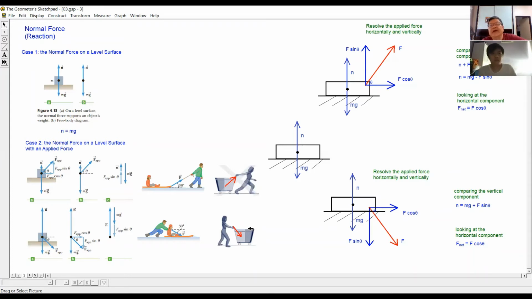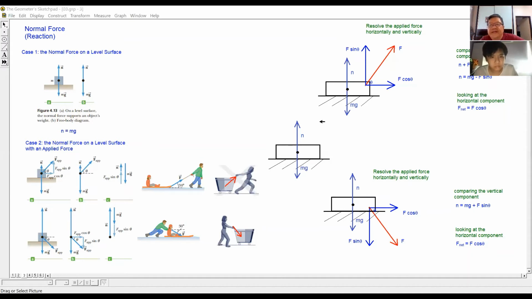It will be different. So how much difference? We are going to analyze the force. By analyzing the force, we are going to resolve it into two components. Okay, so we look at the first case.